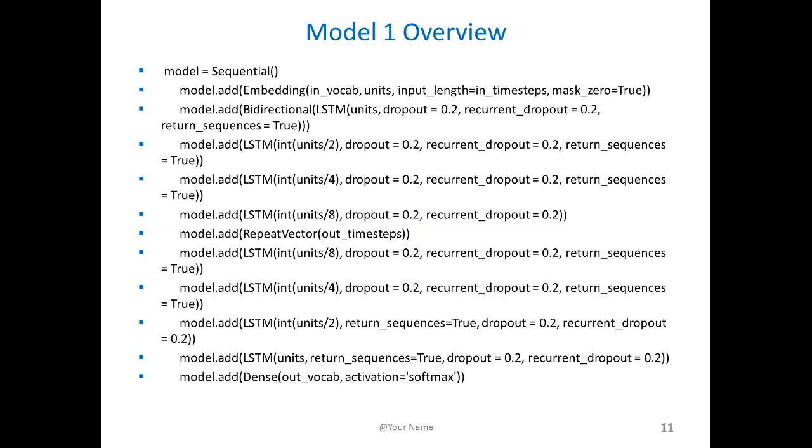Then one four-layer stacked LSTM just for the encoding layer. Ideally, it's more fine-tuned along the way to define whatever target language it is. And then this repeat vector, because I just wanted the end result of the LSTM for the encoder. And then for the decoder, I used another stacked LSTM, which basically goes from small to big.